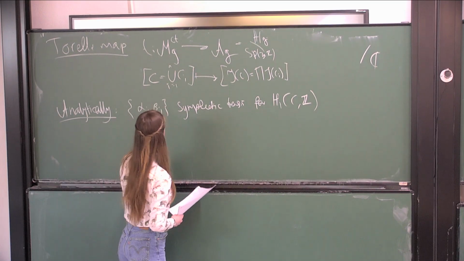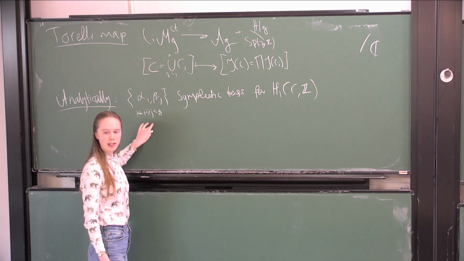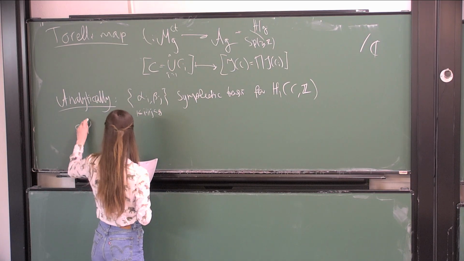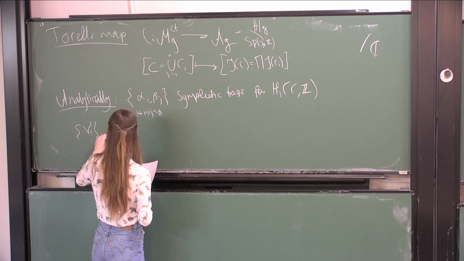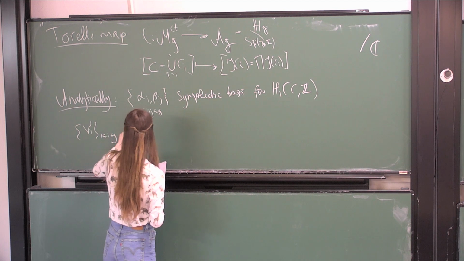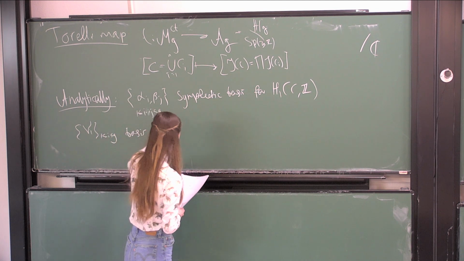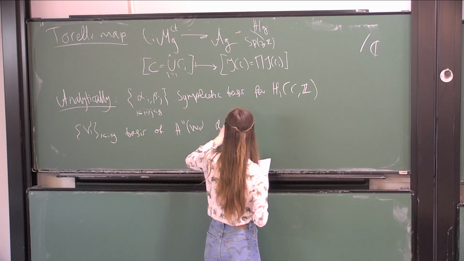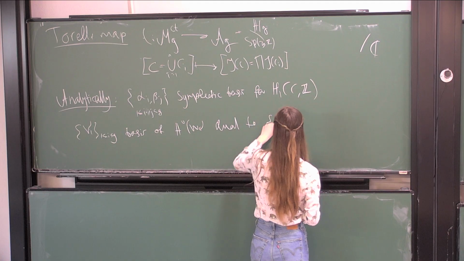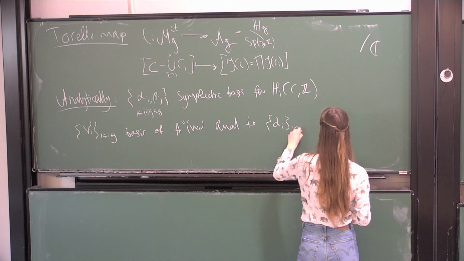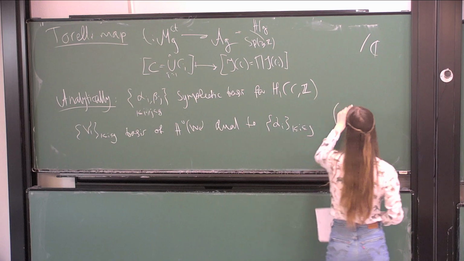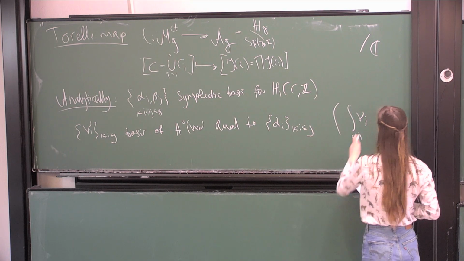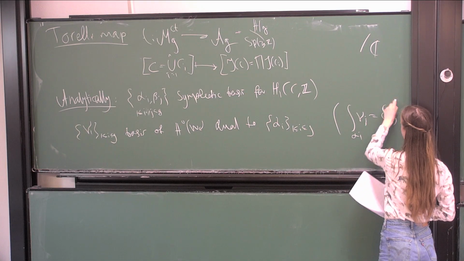Then you take a basis of holomorphic differentials on the curve that are dual to the alpha cycles, meaning that the integrals of these differentials over the alpha cycles are equal to the Kronecker delta symbol.